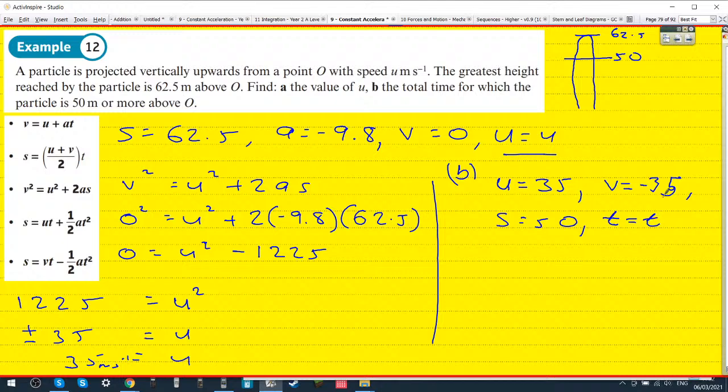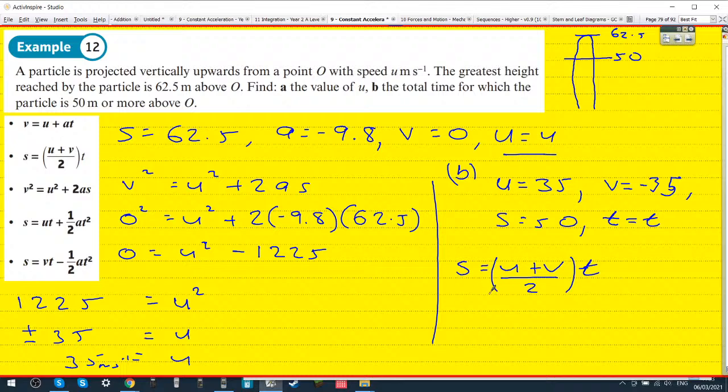Hang on. Alright, go on. S equals U plus V over 2 T. So it'd become 50 equals 35 plus minus 35 over 2, and then T on the outside, so it'd just be 0 over 2, and then it would just become 0T, which is 0, so 50 equals 0.